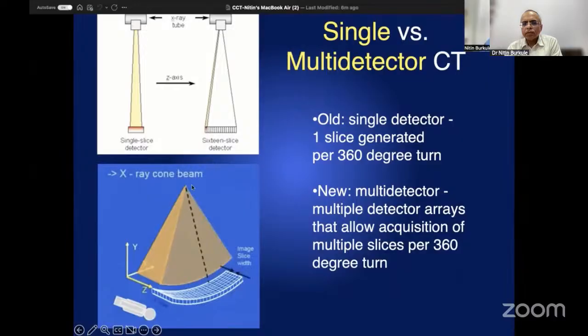So what happens is that your X-ray fan beam in your x and y direction, in a z direction, it gets spread out, and you can call it now an X-ray cone beam, because now in one gantry rotation you can cover a large sector of the patient for imaging. So when you have got 16 detector rows, or when you have got 64 detector rows, you call it a 16 slice CT or 64 slice CT.